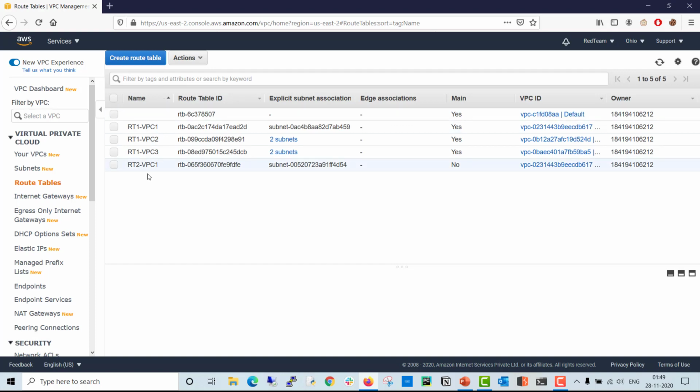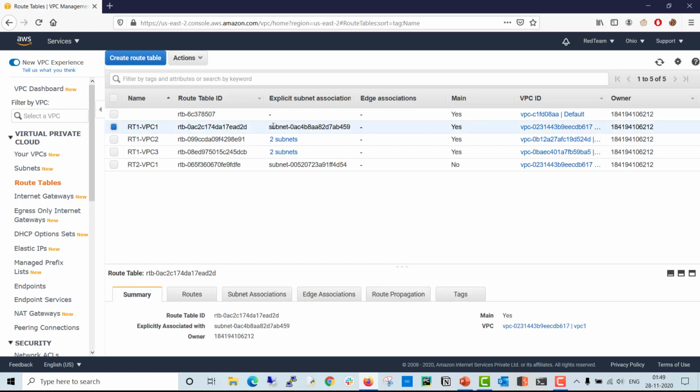Let's check this one. This is VPC1, the routing tables of VPC1. We have 2 routing tables for VPC1, but VPC2 and VPC3 have the same routing table. So this is really important: the routing table is attached to the VPC but associated with a subnet.